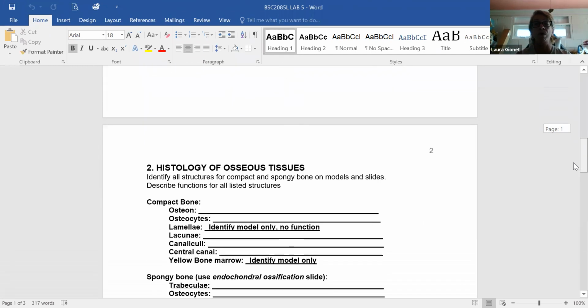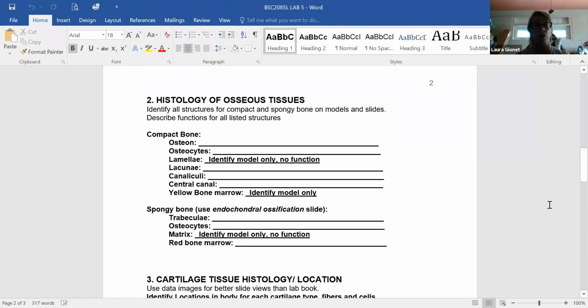And then we move on to the histology. We'll look at those in a few minutes when we go through the images. When it comes to the histology, I'll put these up when we get in the classroom again on the instructor's microscope. We're going to look at the compact bone and the spongy bone.